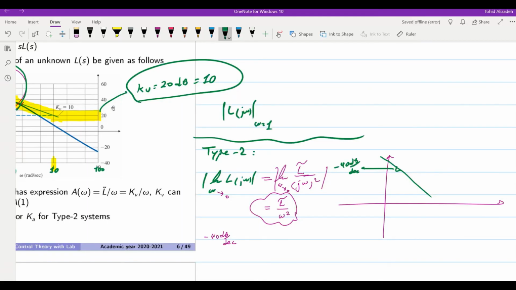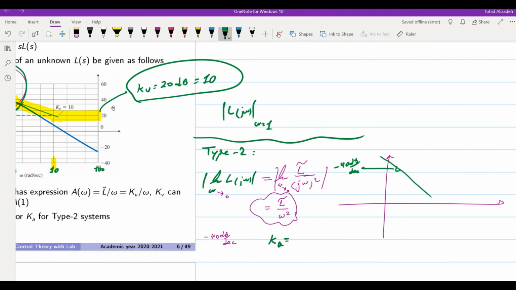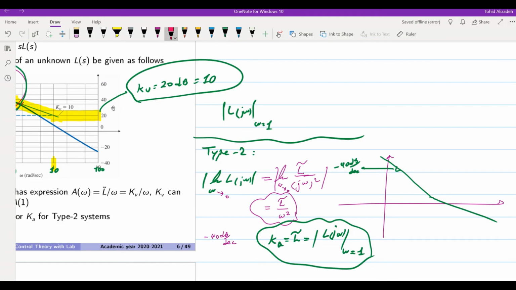And similar to what we had for Kv, in this case we can find Ka, which is equal to L̃. We can find this by replacing ω with 1. Let's say this is the example that we have.